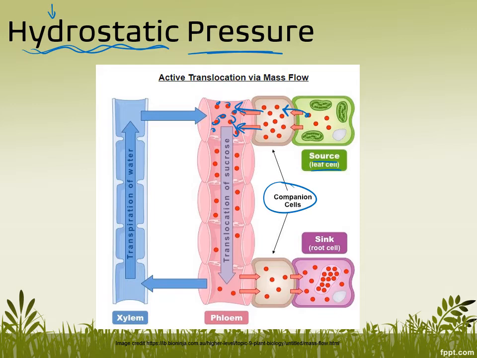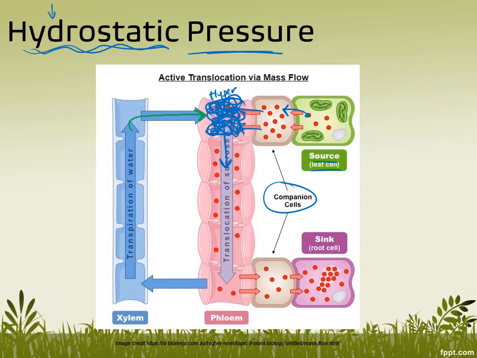And now I have a hypertonic environment here, so much sugar, which means that water via osmosis is going to move from the xylem, which is right next door, into the phloem. And so now I have not just sugar, but also lots of water, and it's filling up all this space, and more sugar and more water, and the pressure is very, very high. It needs to move away from this high pressure.